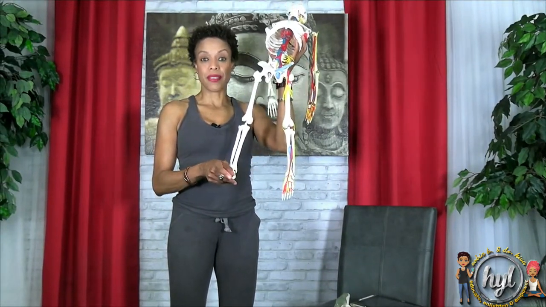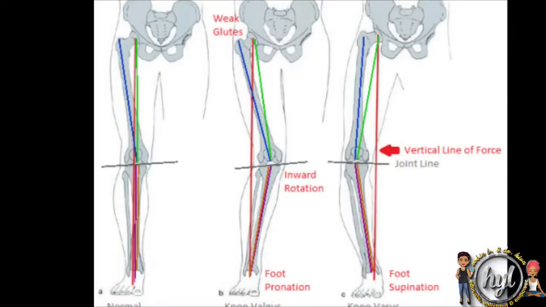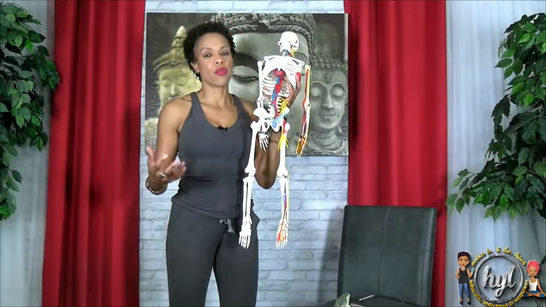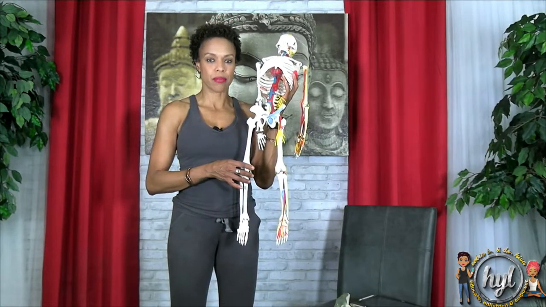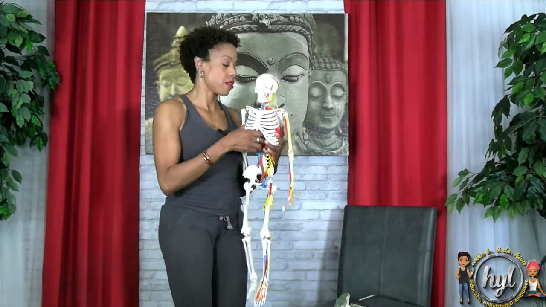If you have flat feet, your knees tend to cave in towards each other, which can also affect your knee and your hip. But in order to get a strong knee or for knee rehab, we have to focus on the muscles around the knee. Strengthening the muscles around the knee is going to help with knee health.